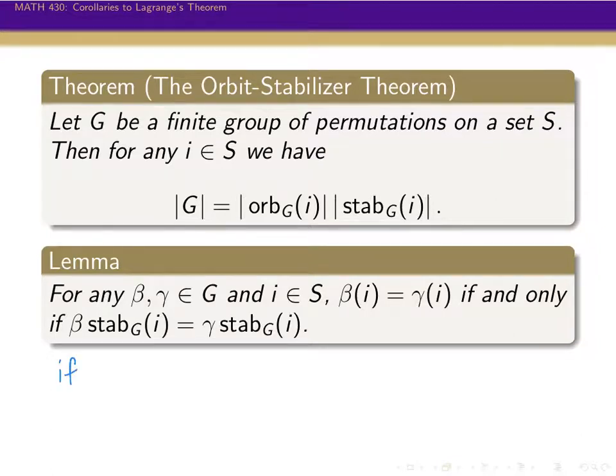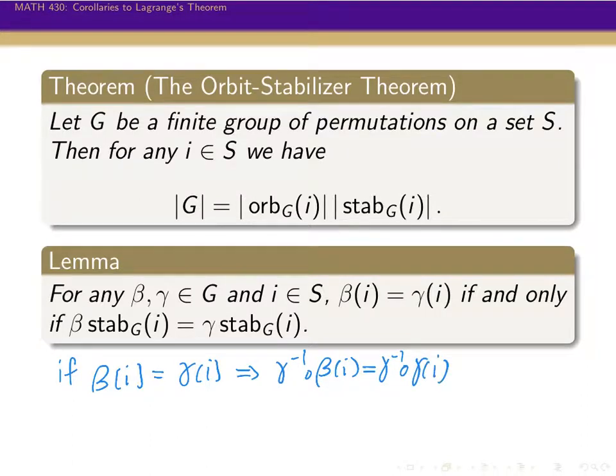for the first direction going forward, if beta of i equals gamma of i, well then I can plug both of these into gamma inverse. And so we'd have gamma inverse of beta of i is equal to gamma inverse of gamma of i. But gamma inverse of gamma of i, this is just the identity permutation on i, which is just i.